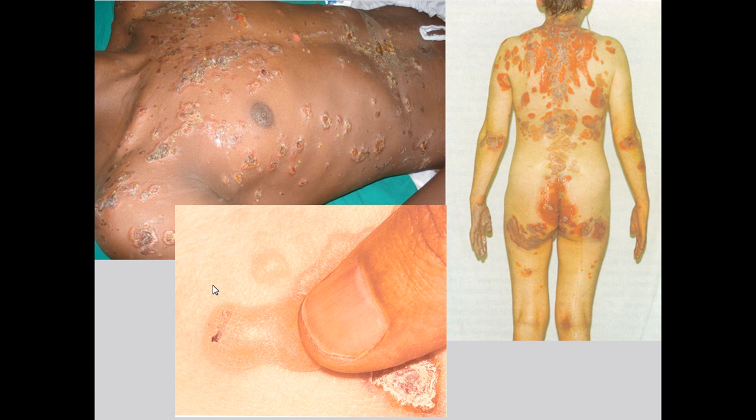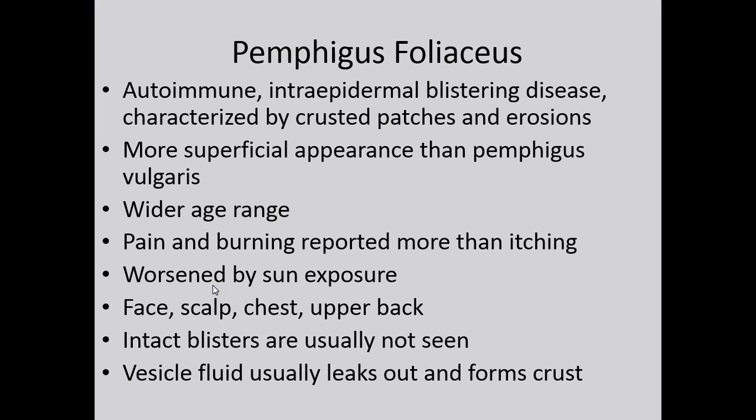This is pemphigus vulgaris with very deep lesions. So pemphigus foliaceus, if you remember foliaceus as maybe hair follicles, it's more superficial. We're not going to see the very harsh, severe reaction that we did with vulgaris.